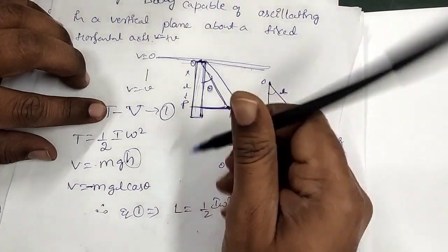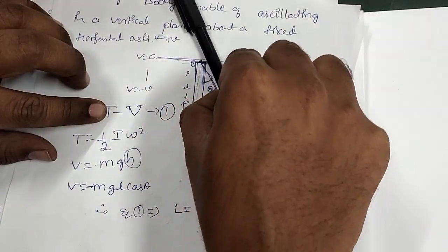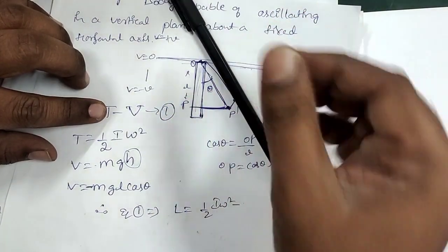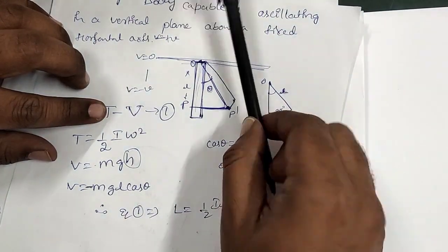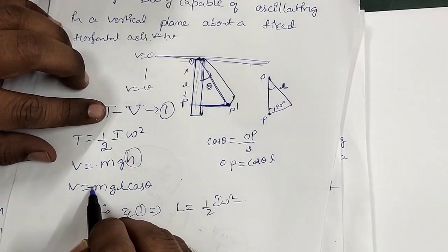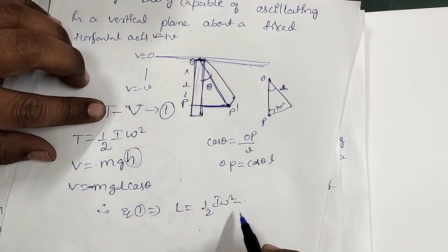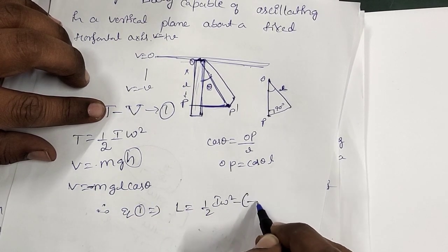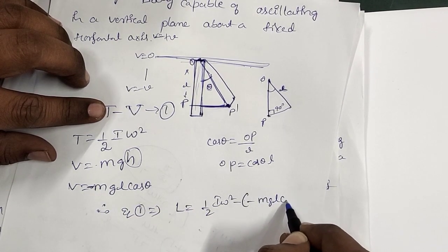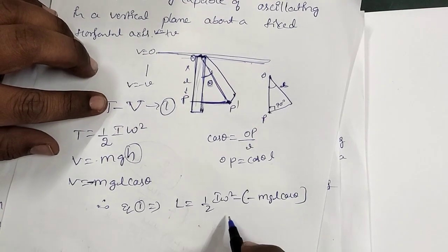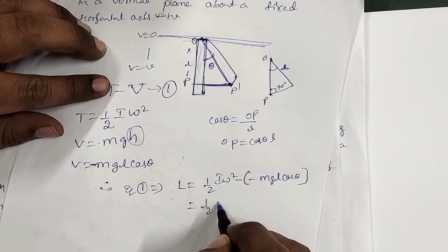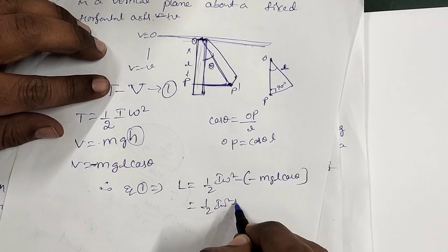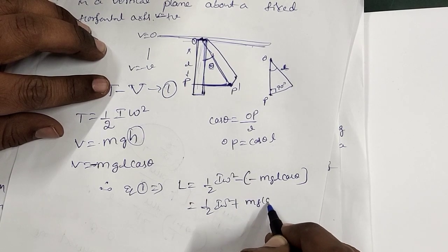Because the pendulum is moving in the upward direction but gravitation is towards the ground, we can think of it that way, so that's why you can take a negative sign. So negative into negative of mgl cos theta, which is equal to half I omega square minus into minus, plus mgl cos theta.